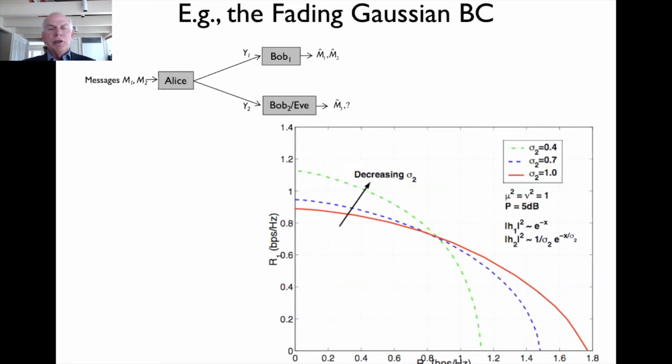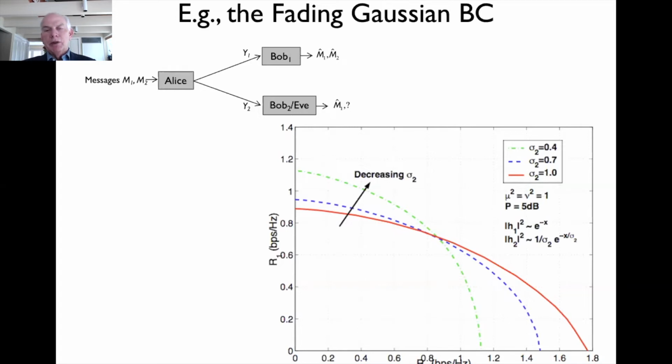We'll assume the fading intensity to Bob 1 has unit value. So the random gain between Alice and Bob 1 has a one-sided exponential distribution with unit parameter, and between Alice and Bob 2, we have Rayleigh fading with parameter sigma 2.